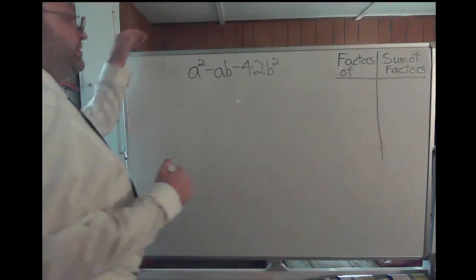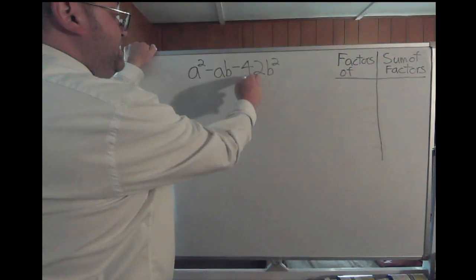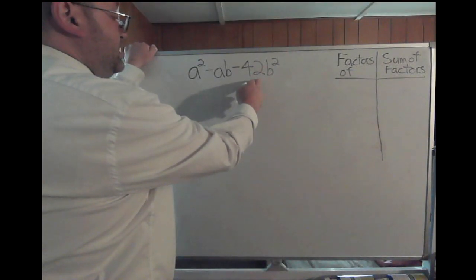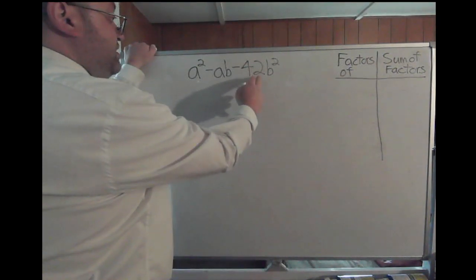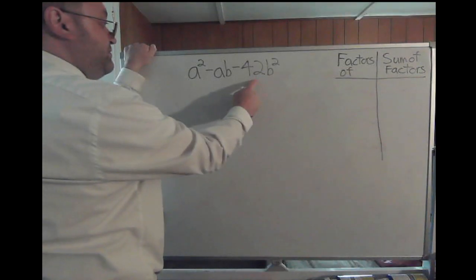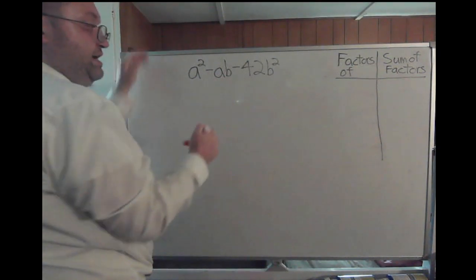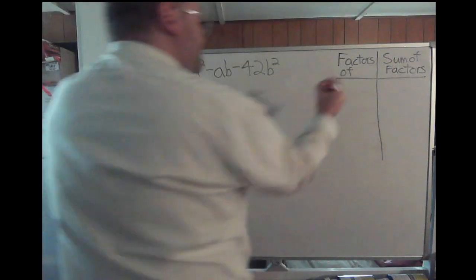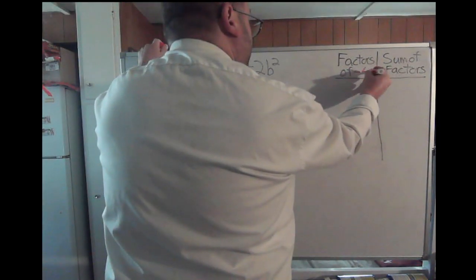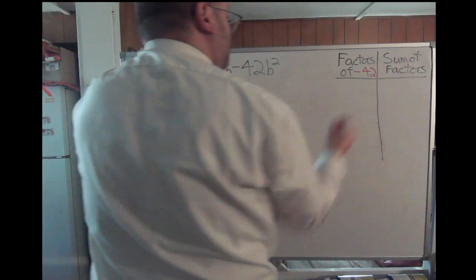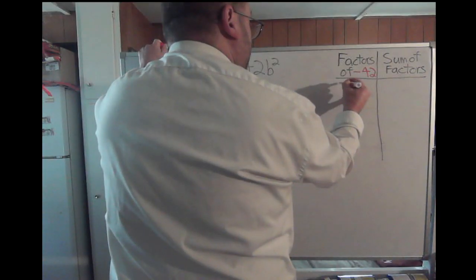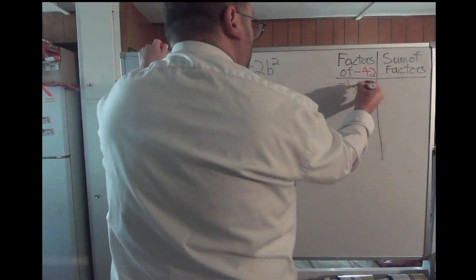Now, we need to find factors of that negative 42 on your c coefficient, factors of negative 42 that will give you a middle coefficient on your ab term of negative 1. We'll start with negative 1 and positive 42.